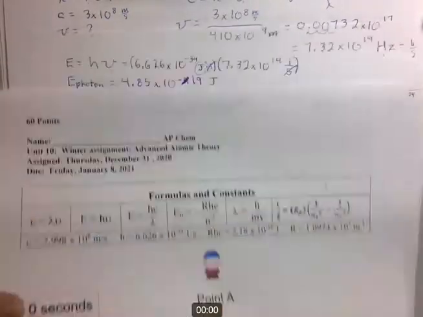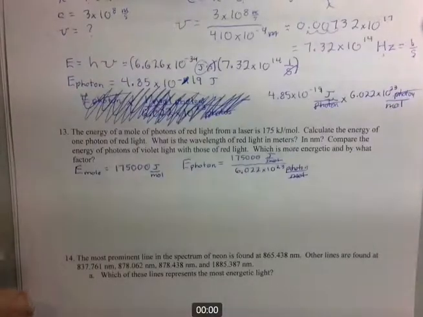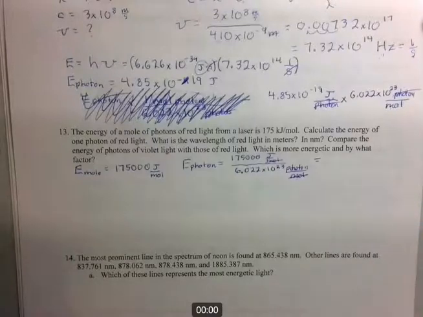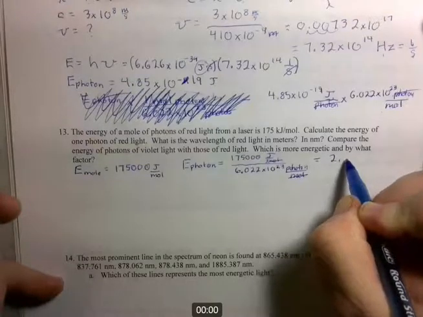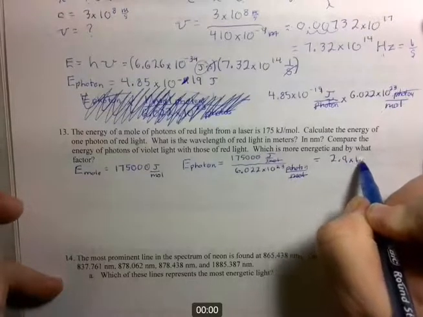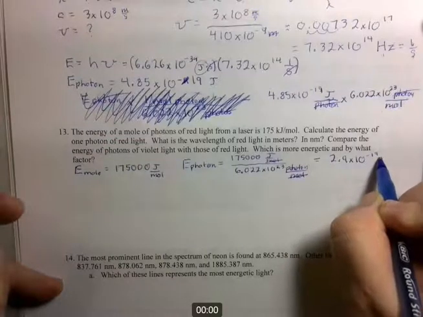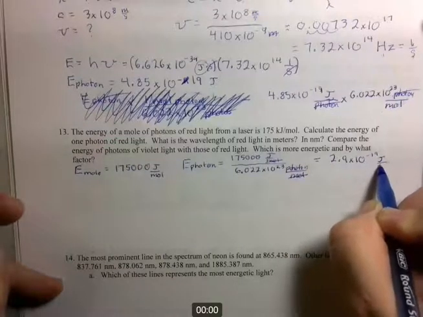So we do the math on that, and what we get is 2.9 times 10 to the minus 19th joules, and that's in a photon, per photon.